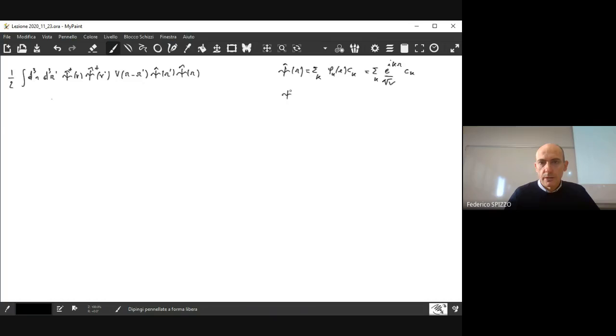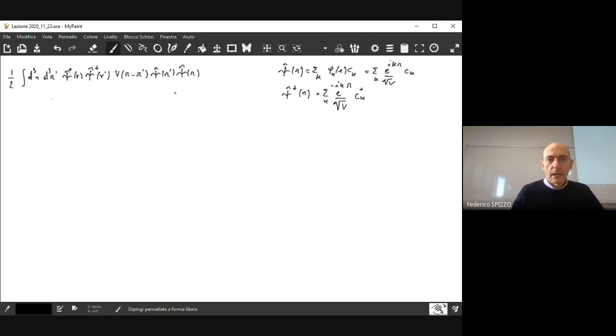The same structure appears in the creation operator: a summation over k of the conjugate, so e to the minus i k r divided by the square root of the volume times c dagger k. So these are the two expressions of a general destruction and creation field operator defined on the basis coordinates.